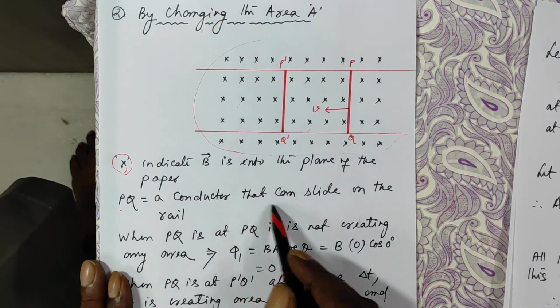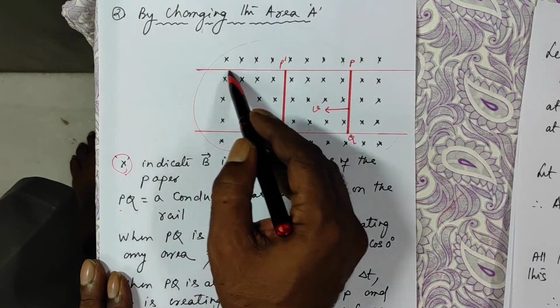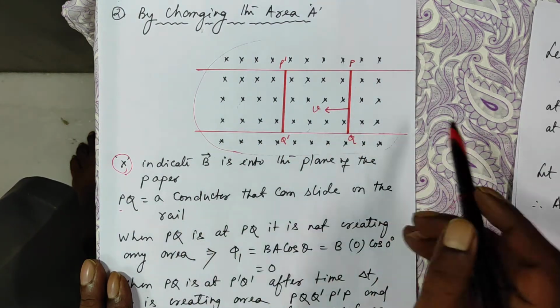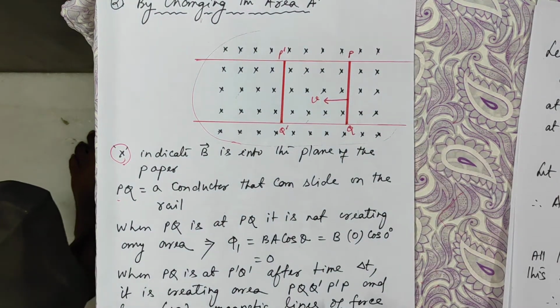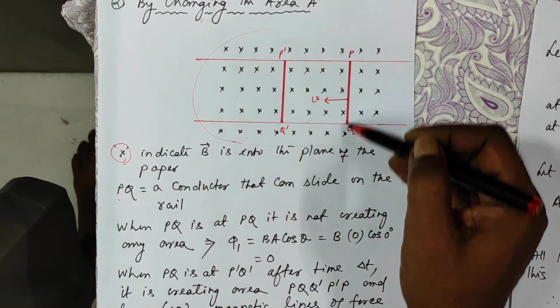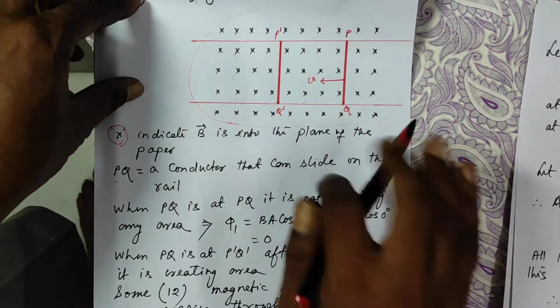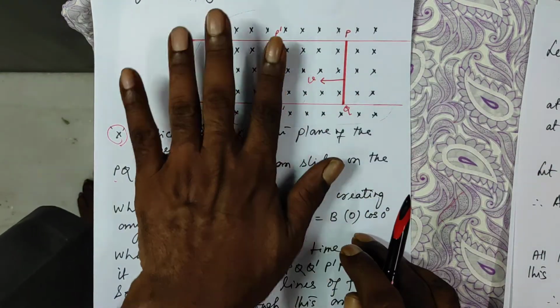PQ is a conductor that can slide on the rail. These are two parallel rails on which PQ can slide like this. Now look, when PQ is here, don't look at P dash Q dash now.